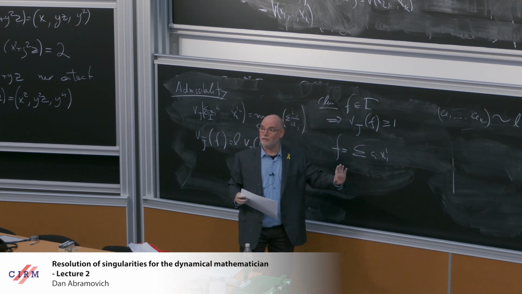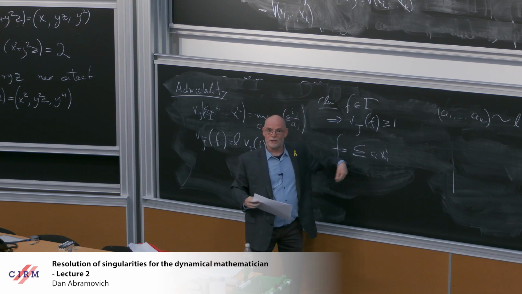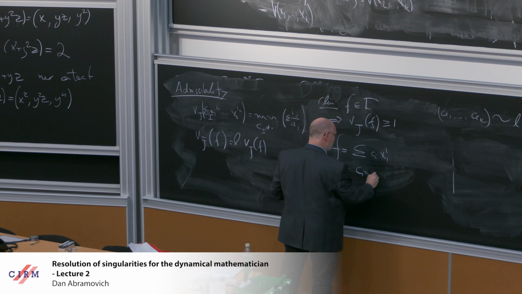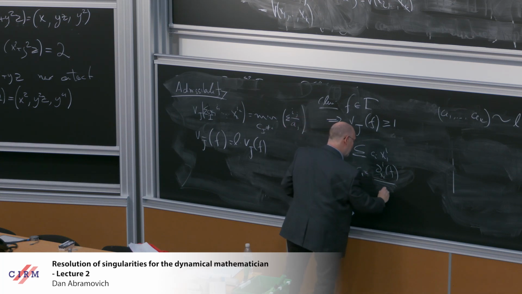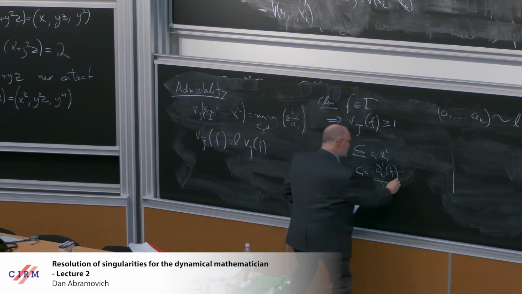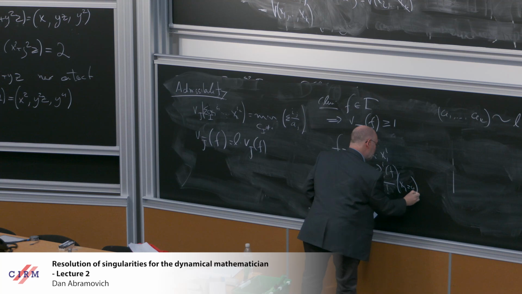I just expand in terms of x1 and ci functions in the other variables. And the ci are, by definition, the i-th derivative dx1 to the i of f divided by i factorial. The i factorial doesn't matter. This is at x1 equals 0.